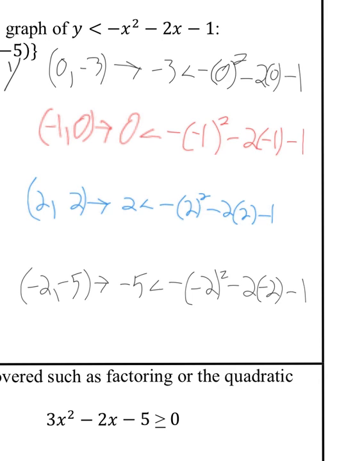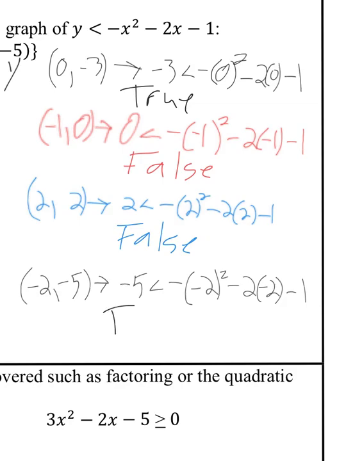So you can type in the inequality symbol, and the first one says it is true. The second one says it's false, and the third one says it's false, and the fourth one says it's true.